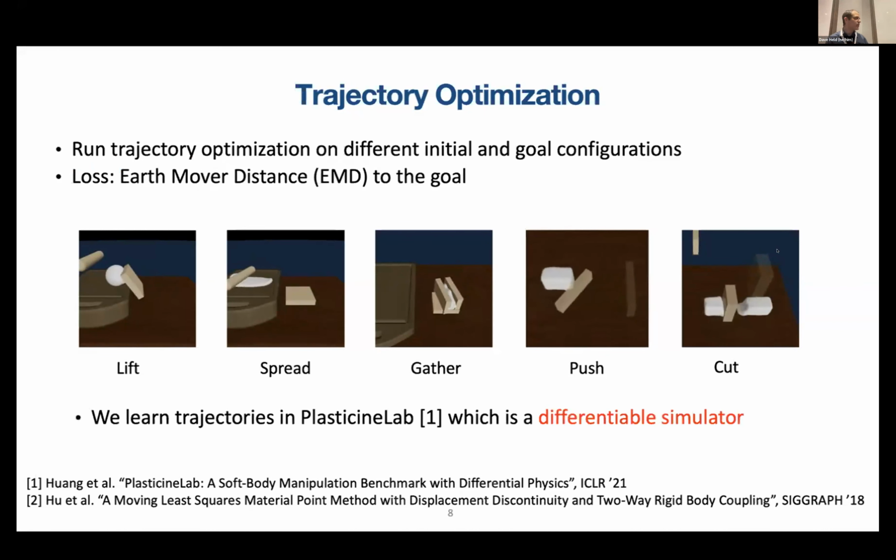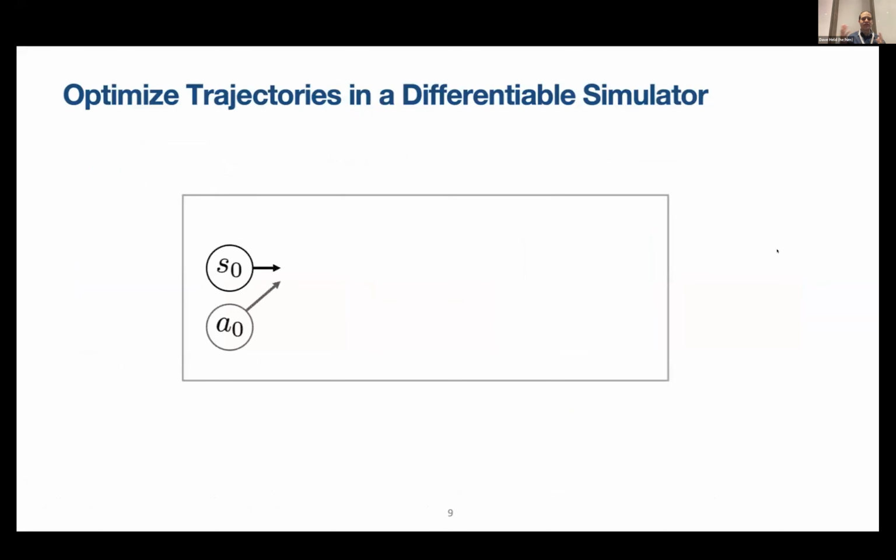In this case, we have an advantage, which is that we're optimizing these skills in a differentiable simulator, which is known as PlasticineLab. Because we have a differentiable simulator, the trajectory optimization becomes a lot easier.